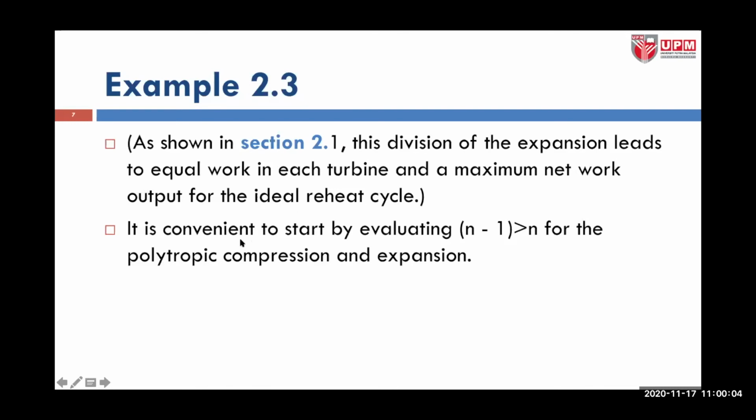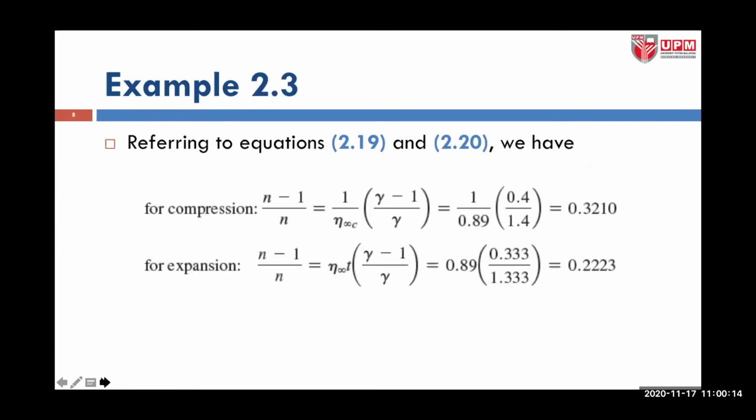Right, it is convenient to start by evaluating (n-1)/n for the polytropic compression as well as the expansion. Referring to equations 2.19 and 2.20, which we have already gone through, we have the following results: for compression 0.321, and expansion 0.223.